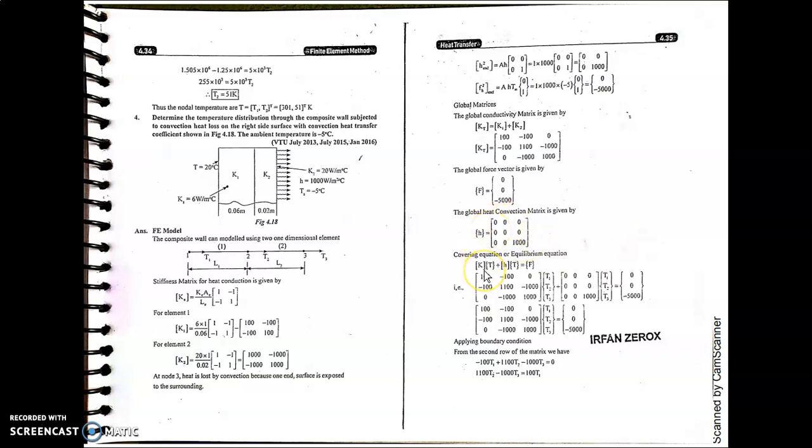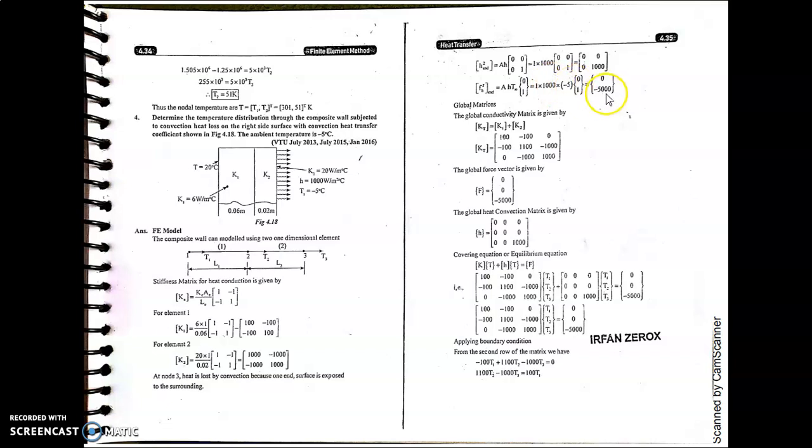Then the equilibrium equation is K into T plus H into T is equal to F. So the K value is this, the H value is this, and the force matrix will be this value. This will be the assembly of this and one more value. At the last node it is given, hence take only this -5000.